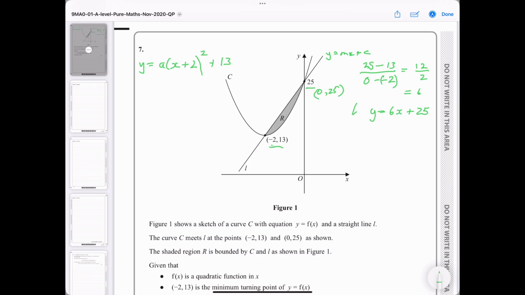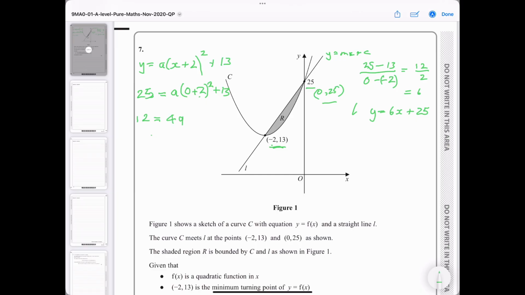So if we put in this point or that point, which one's easier? I'm going to use (0, 25). So y equals 25 equals A times (0 plus 2) squared plus 13. So that means 12, if we take 13 off both sides, equals A times 2 squared, which is 4A.